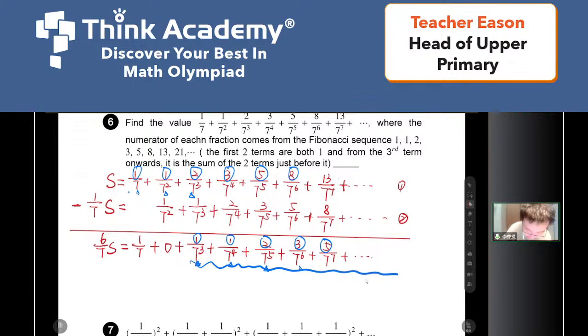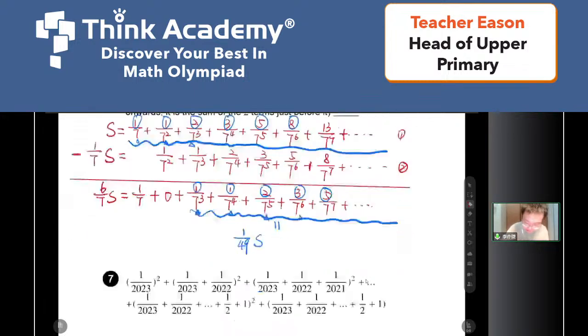So the original infinite sequence and this sequence both have infinite terms, and each term compared with the other has an additional factor of 49 on the denominator, which means this one equals 1 over 49 of the original sequence. So the value of it is 1 over 49 times s.